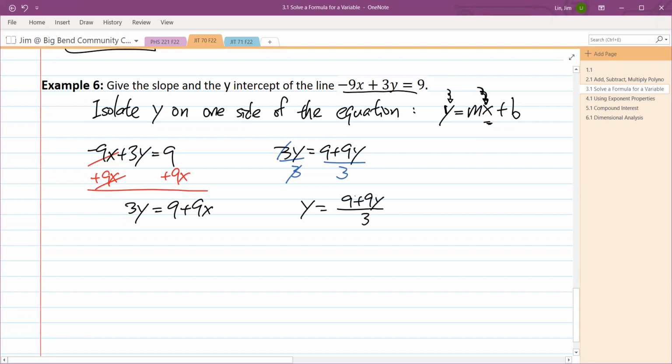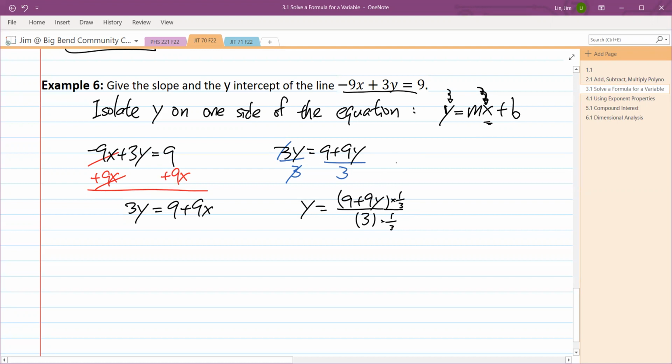And then this is the chance to practice simplifying the fraction, right? So if I have this expression, then we can tell that there is a common factor for us to apply. So we can multiply the equation by 1 over 3.